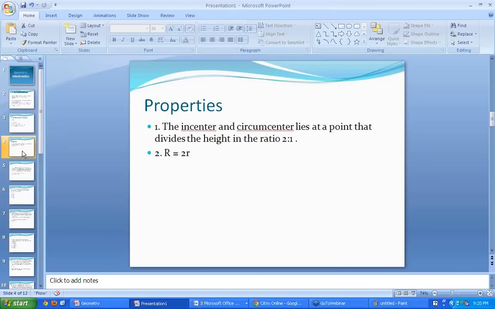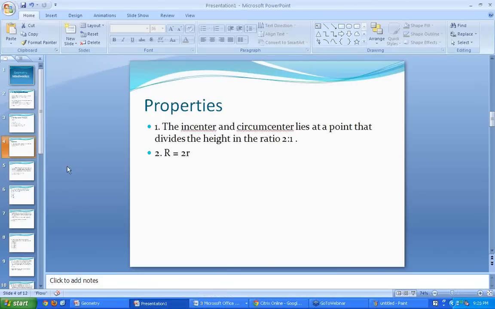Only in case of equilateral triangle, because this is a property of an equilateral triangle and this is something which is more often asked. So for equilateral triangle, the circumradius would be twice of in radius. The formula I have told you.